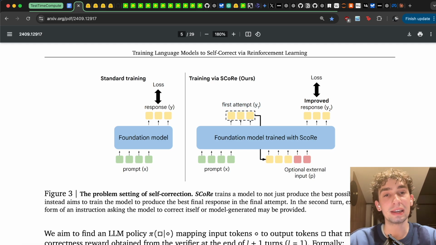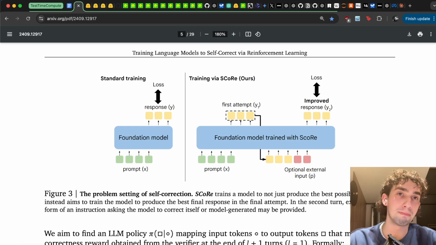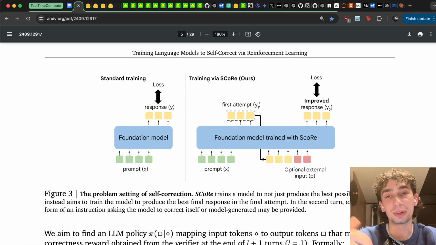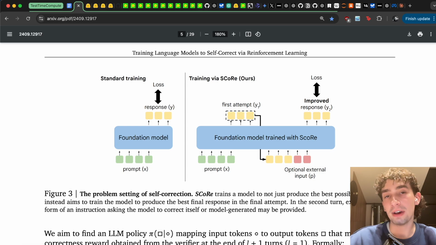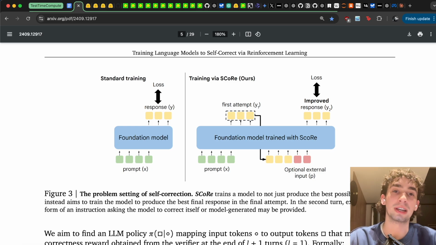Stage 2 is then going to be initialized from this stage 1 of the training, and it's going to apply joint optimization on both the responses. So given the response from stage 1, we're going to be using reinforcement learning to hopefully get to the right answer in response 2. So this is going to be a bit of a modified reinforcement learning approach that uses a technique called reward shaping that instead rewards less the accuracy of the final response, which of course it does that too, but more so the improvement from the first response to the second response.